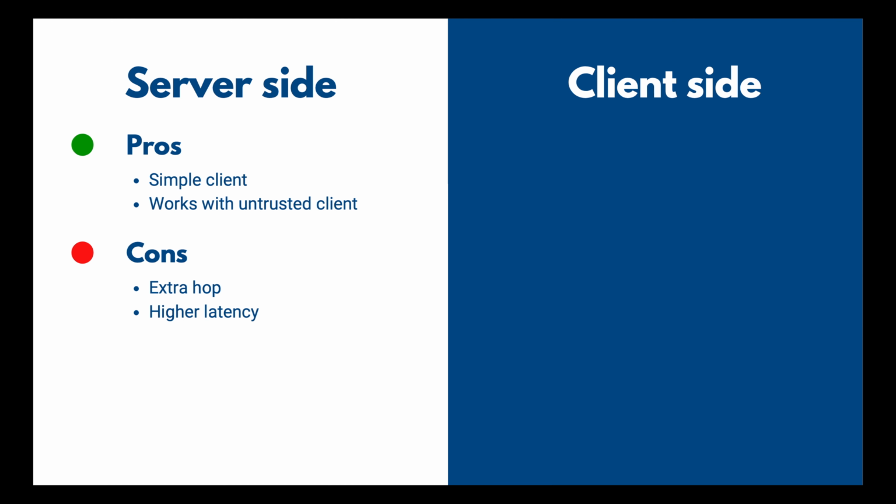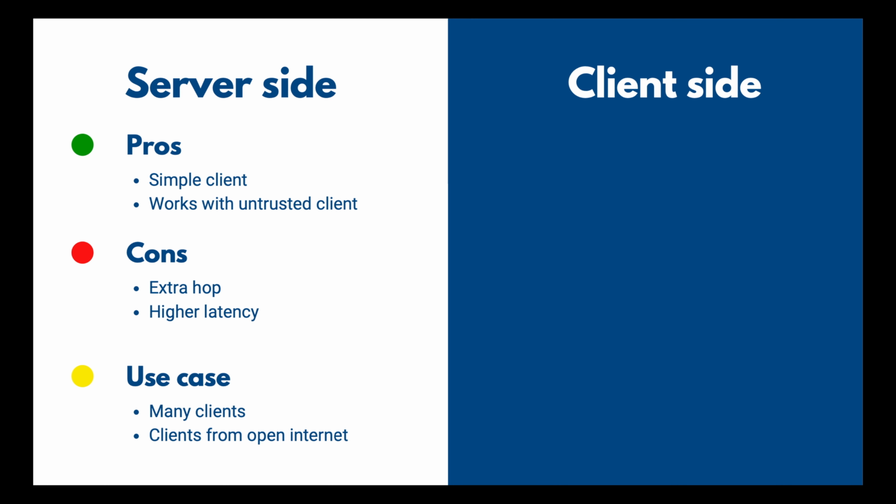However, its con is adding one more extra hop to the call. All RPCs have to go through the proxy before reaching the backend servers, thus causing higher latency. Therefore, server-side load balancing is suitable for the cases where there are many clients, possibly untrusted from the open internet, who want to connect to our gRPC servers in the data center.